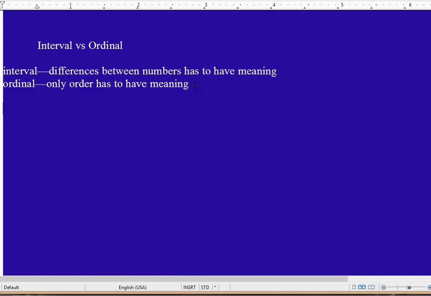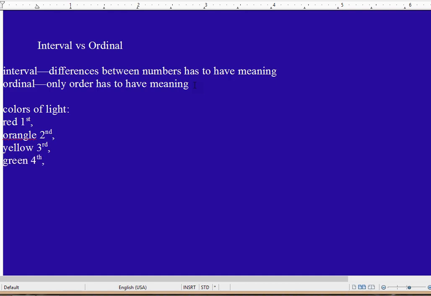So let's just do a quick example of that. If we put the colors of light, well, if you've ever looked at a rainbow, you know that red is first, and then there's orange, and then yellow, and then green.